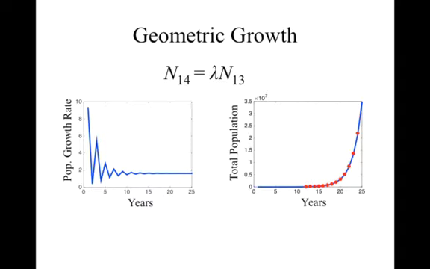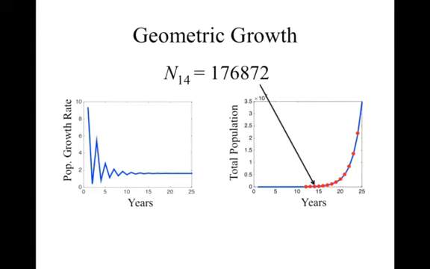If I want to know the number of individuals in year 14, then I start with the number I just calculated in year 13, so that's 109,180, and I multiply it by that constant population growth rate, where that population growth rate curve flattened out, where it stopped changing, and that gives me 166,872 individuals.